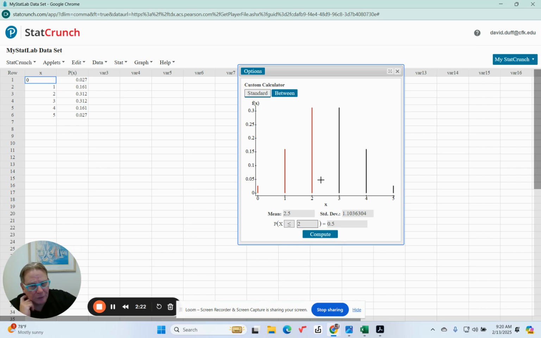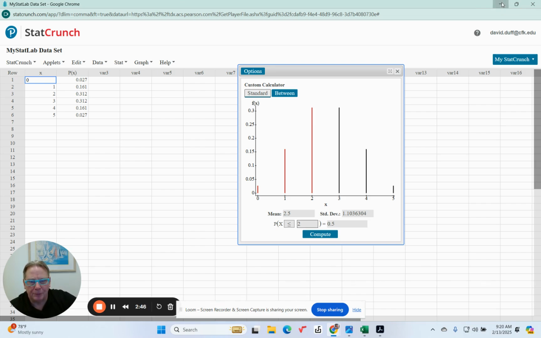In fact, if you look at this and at the data on the left-hand side, you might even guess that the mean would be 2.5 because this is perfectly symmetrical. And you would imagine that right in the middle would be the number 2.5. So we have a mean of 2.5 and a standard deviation of 1.1.